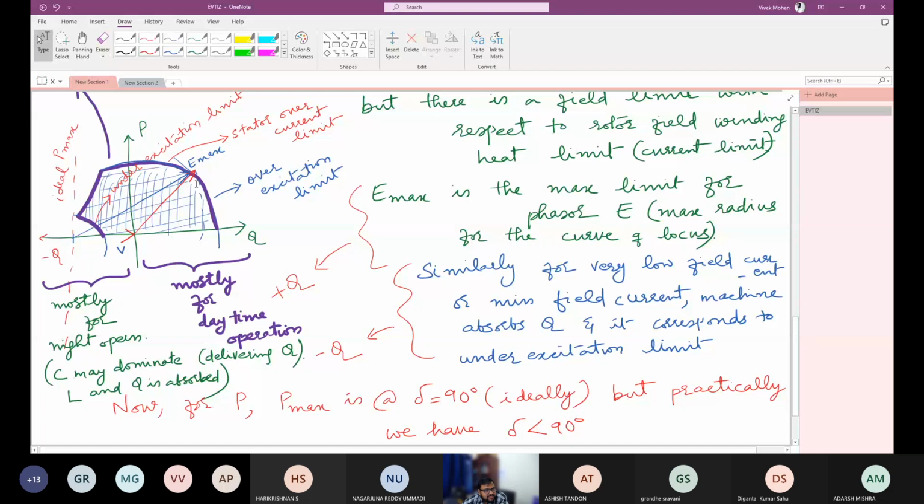If the maximum limit for the induced EMF is Emax, this corresponds to the increased field current, and whenever the field current hits the maximum limit, this locus gives you the overexcitation limit. So this part is a section of the capability curve.